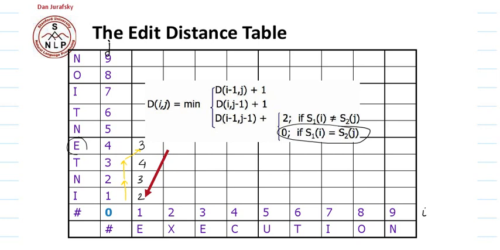So this path is giving us the minimum edit distance of the string I N T E to the string E, right? So that means I need to delete only 3, okay, INT, and then insert E, that will be 4. If I insert E and then delete, then again 4.